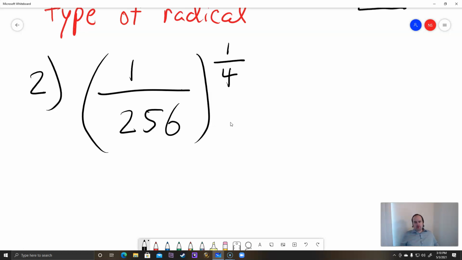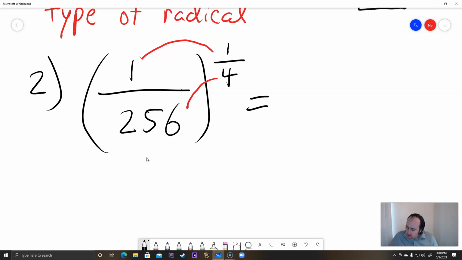The first thing we need to do here is, because we have a fraction on the inside, we need to distribute the 1/4 power to the numerator and the denominator. So we distribute the 1/4 power to each one.